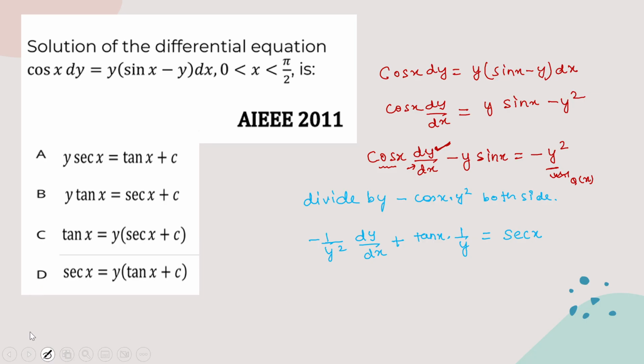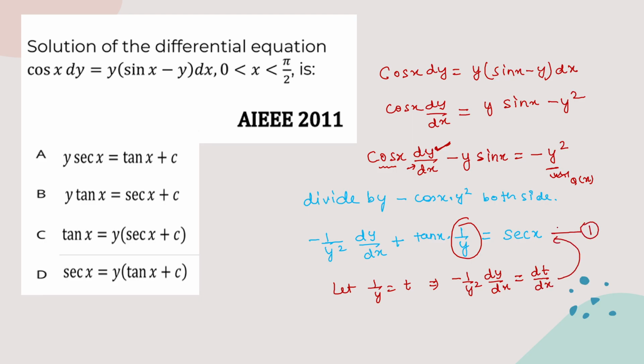So we will do a substitution. Let 1 by y be t. Then minus 1 by y square into dy by dx, differentiating on both sides with respect to x, will give you dt by dx.